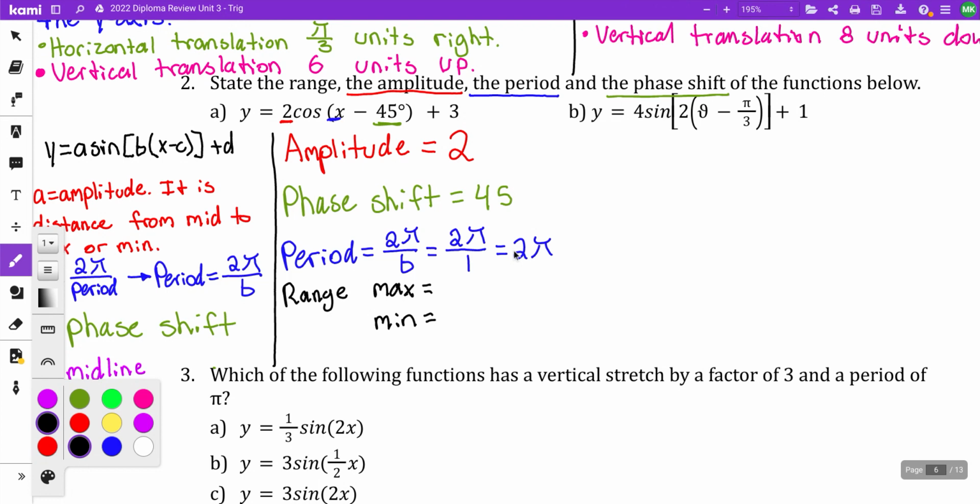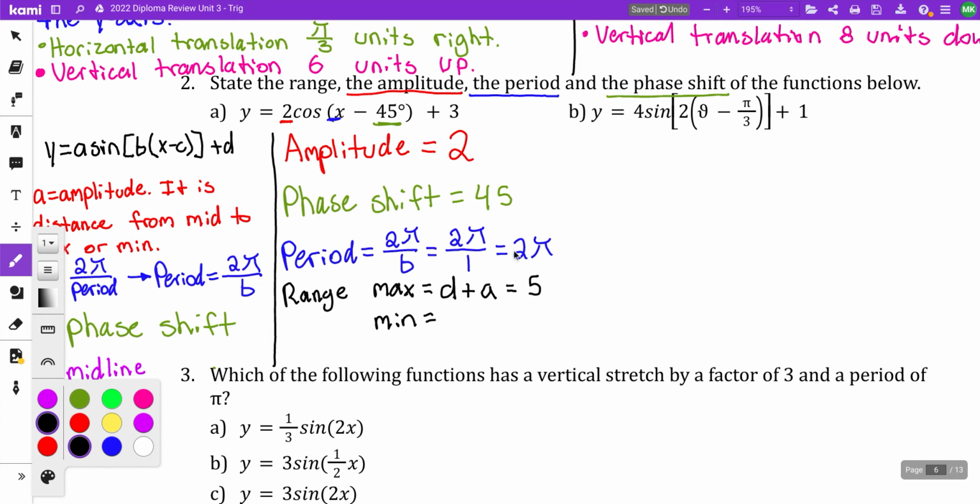To find your maximum and your minimum, go to your midline, which is your D value, and add the amplitude to it, the A value. That'll tell you where the maximum of your graph is. Midline plus the distance, which is the amplitude, gets me to my max. So for this question, it would be 3 plus 2, which is 5.